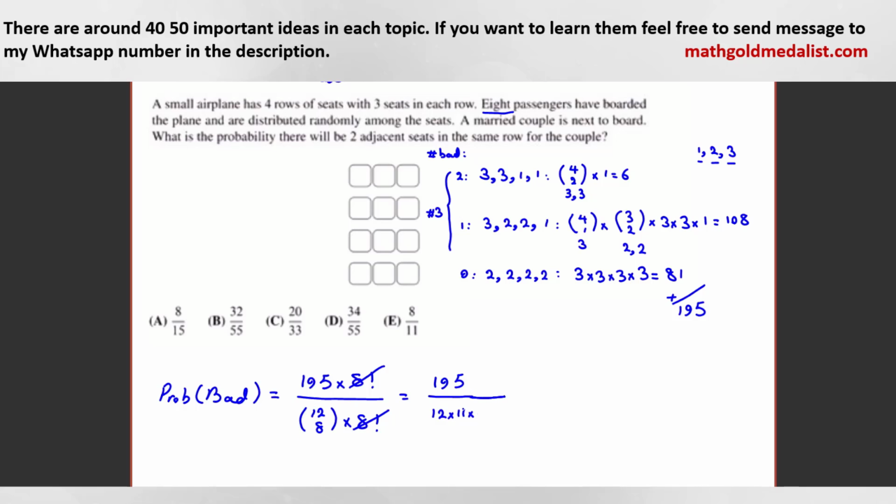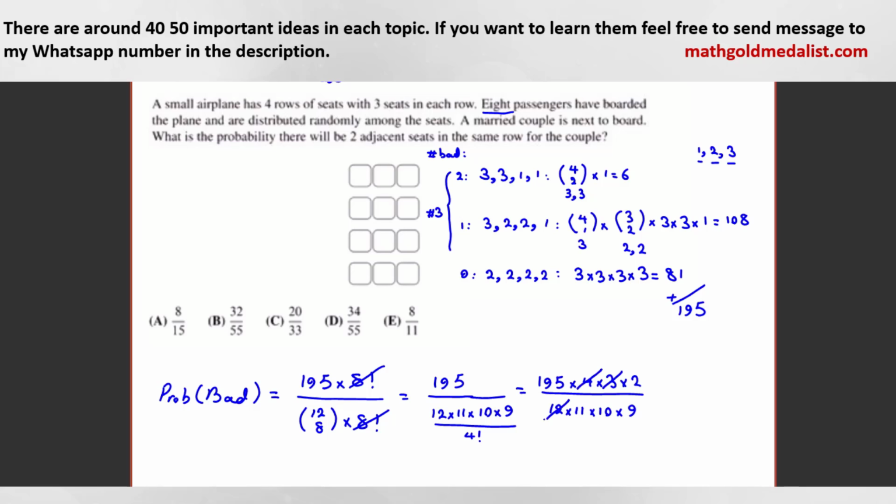When you have 12 choose 4, you start from 12 and write 4 numbers like these: 12, 11, 10, 9 over 4 factorial. So it will be 195, multiplying numerator and denominator by 4 factorial, and we write 4 factorial as 4 times 3 times 2, over 12 times 11 times 10 times 9.